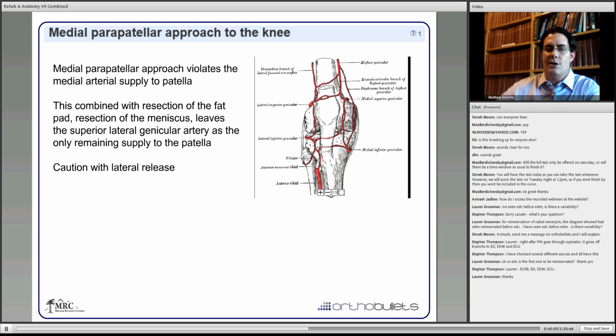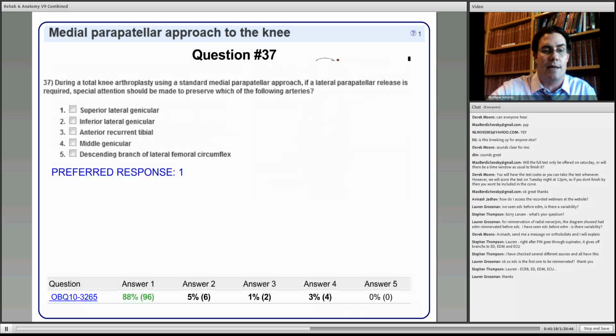So you need to be cautious with your lateral release to specifically try and save that superior lateral genicular artery, because as we mentioned, as you take out everything else in the setting of a total knee arthroplasty, that's going to be the only remaining blood supply to the patella. And so that's the answer there. It looks like almost 90% of people were able to answer that correctly.